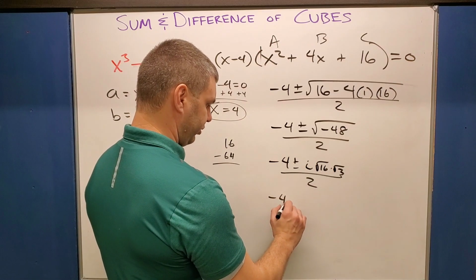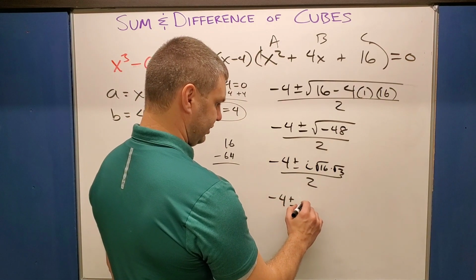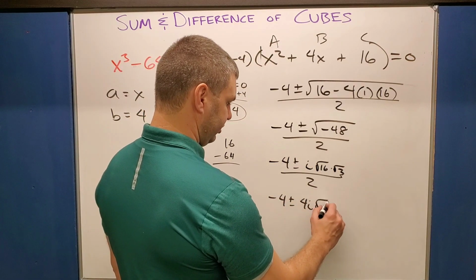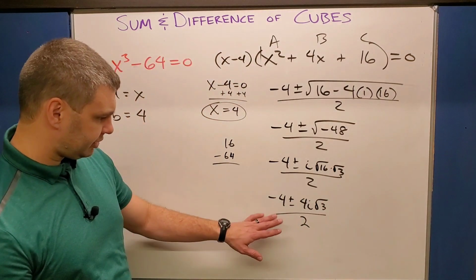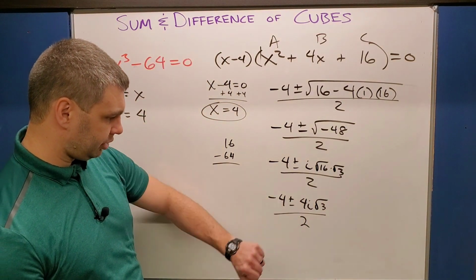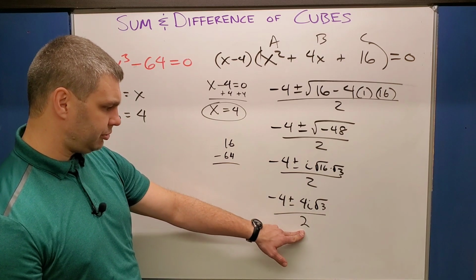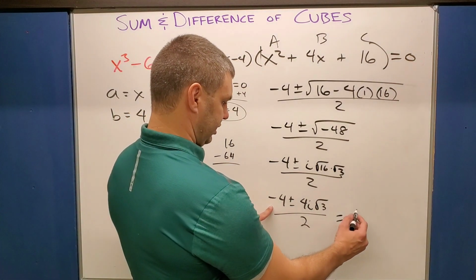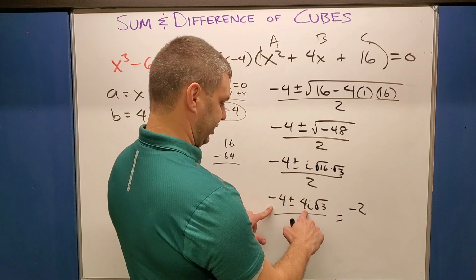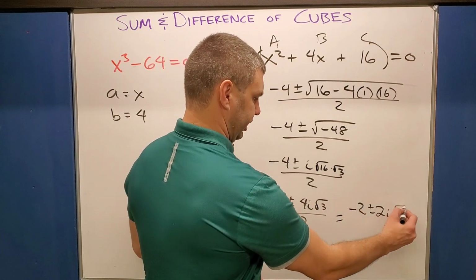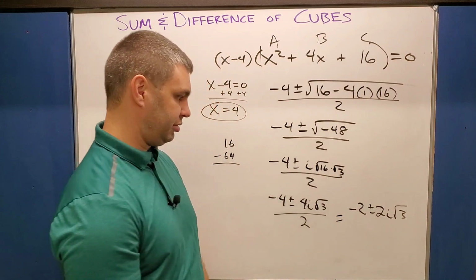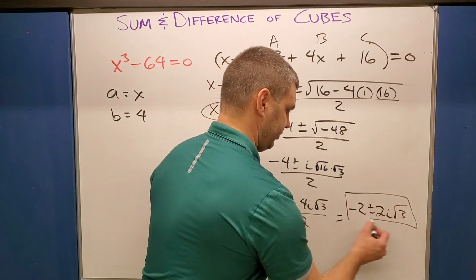So this is negative 4 plus or minus 4i root 3, all divided by 2. Okay, looks like negative 4, 4, and 2 are all divisible by 2. So my final answer is going to be negative 2 plus or minus 2i root 3. All right, and that 2 on the bottom would cancel because it's divisible by 2.